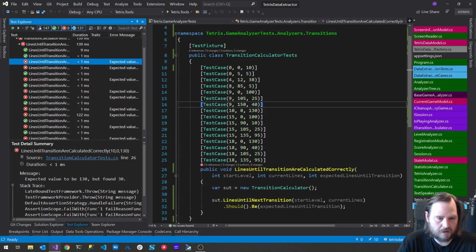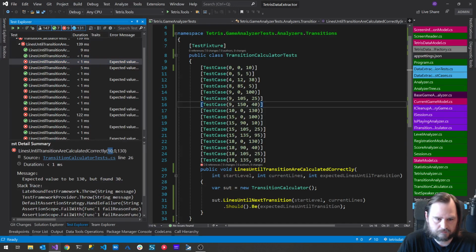When you're starting at 10, you have no lines. We expect you to hit transition at 130. That is right. We expected 10, 0, and 130.